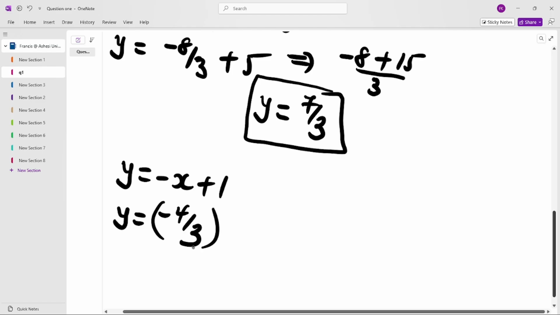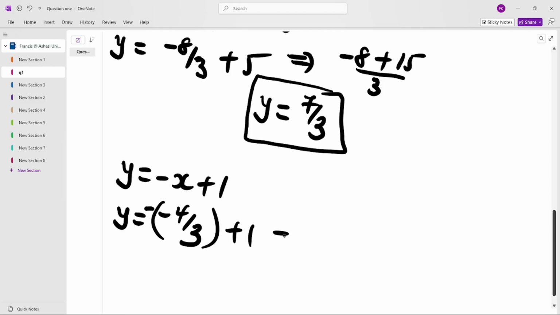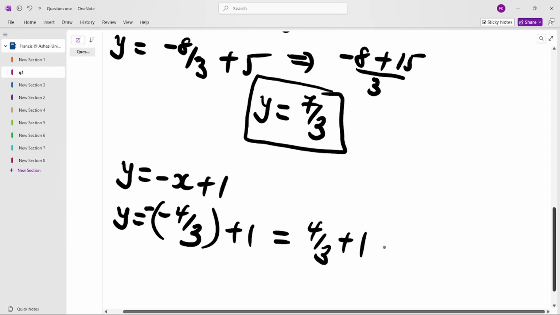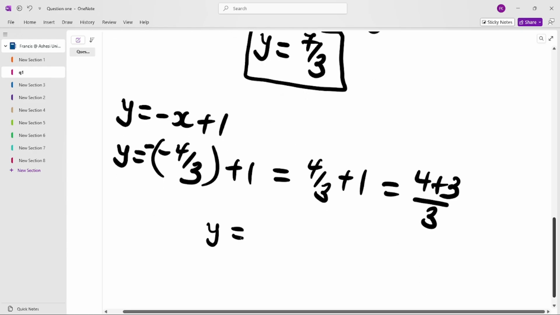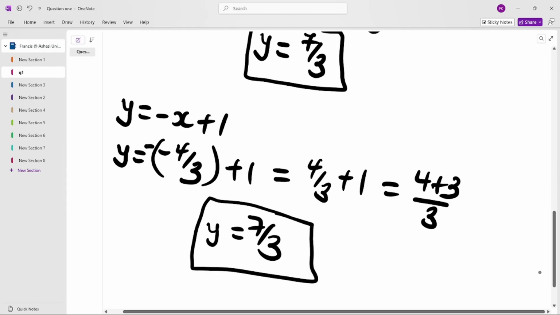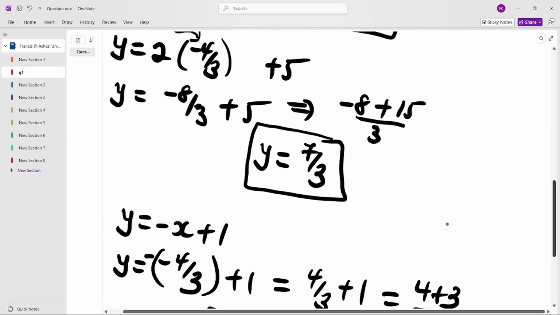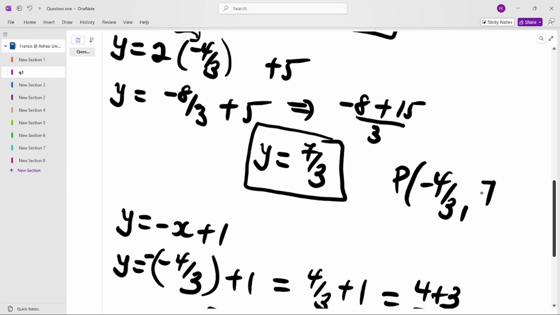This minus is the one at the front, but x itself is negative 4 over 3, plus 1. This will be equal to positive 4 over 3 plus 1, which is the same as 4 plus 3 all over 3. And that will give us y equals 7 over 3. So at the end of the day, I got the same thing, because this is the point of intersection. So basically, the point of intersection P is negative 4 over 3, comma, 7 over 3.